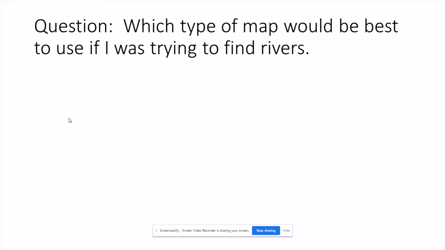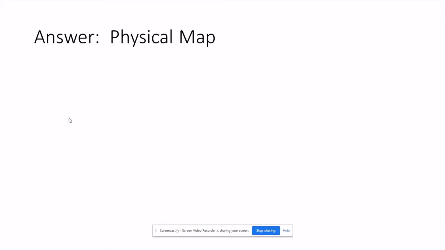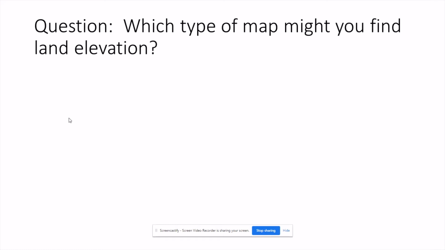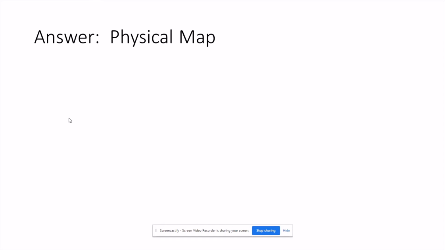Question: which type of map would be best to use if I was trying to find rivers? Answer: physical map. Question: which type of map might you find land elevation? Answer: physical maps.